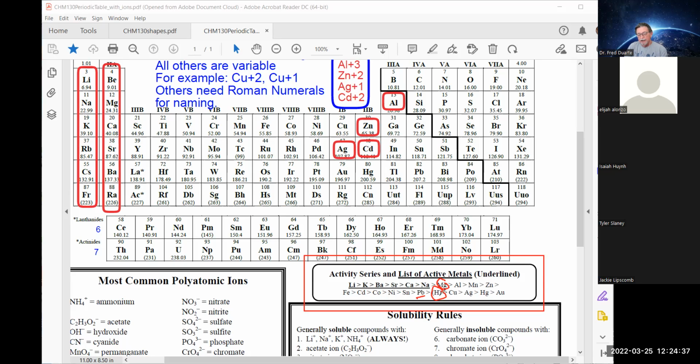And then finally, after hydrogen, you have copper, silver, mercury, and the last metal, Au, which is gold. Gold is the least reactive metal there is, okay? That's why we call it the noble metal, because like the noble gases, they're very unreactive, and it takes extremely vigorous conditions to get gold to react.